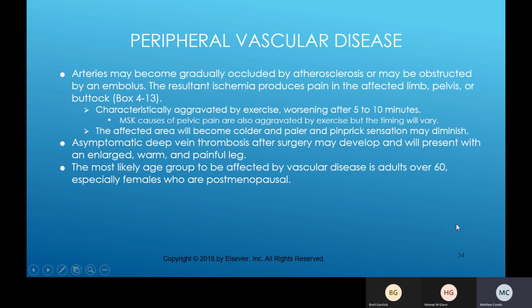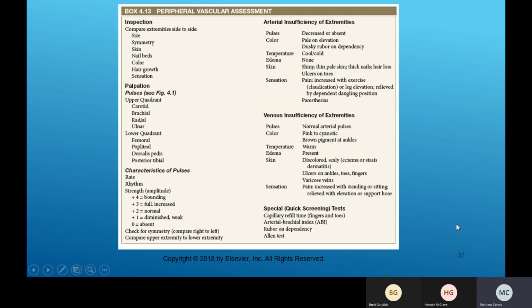What I'm going to say is, hey, patient, I think you need to get to the hospital, and I think we need to do something. When it comes to pelvic peripheral vascular disease, females after menopause, postmenopause, will have an increased likelihood of having peripheral vascular disease in the pelvis.